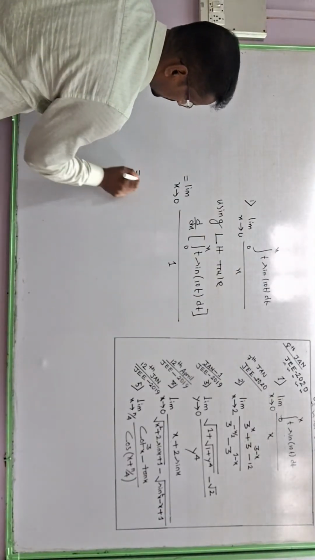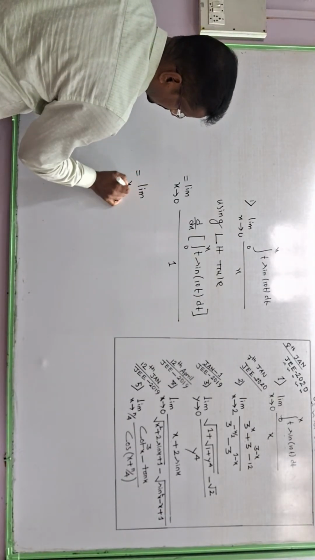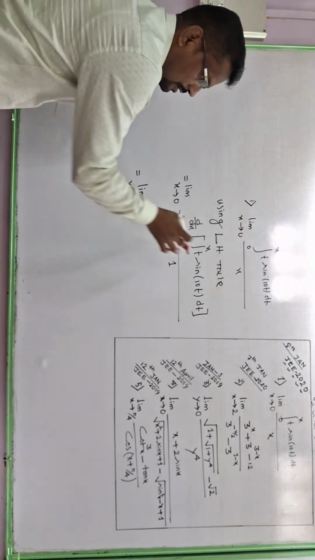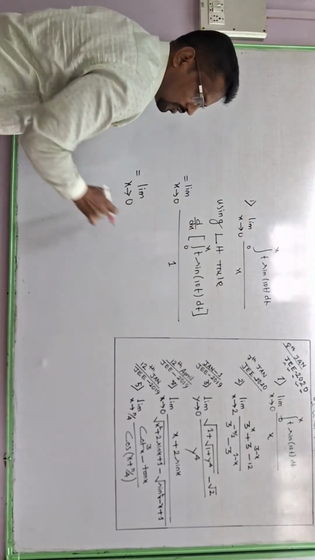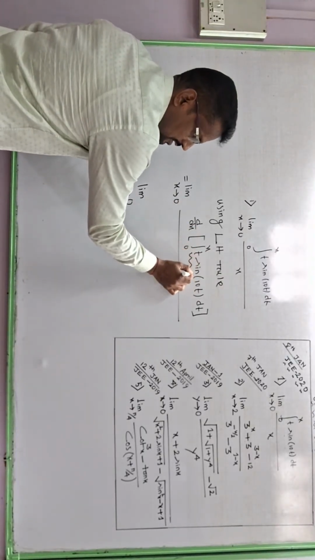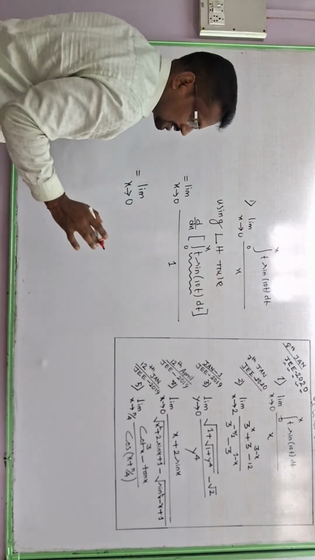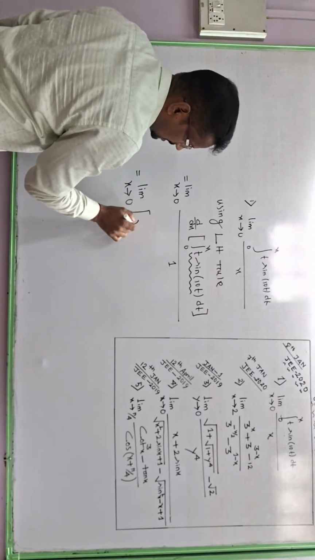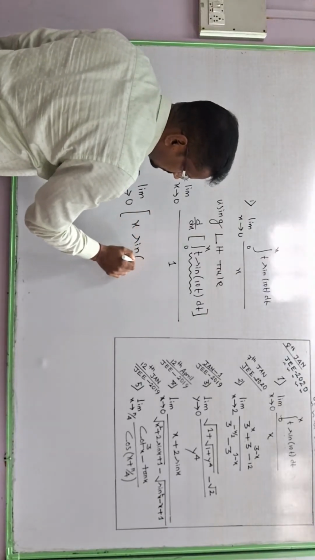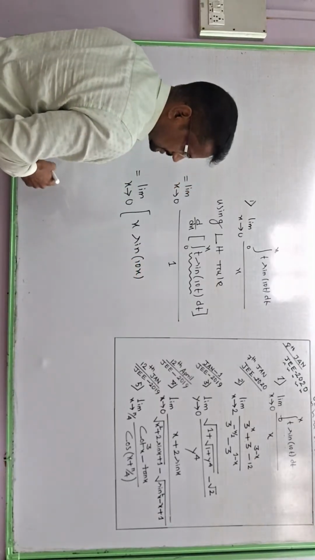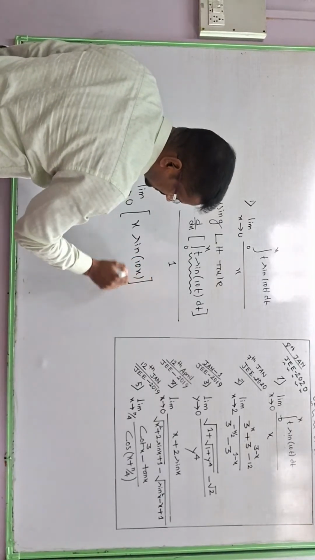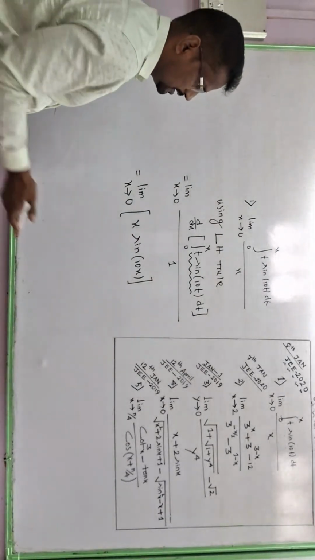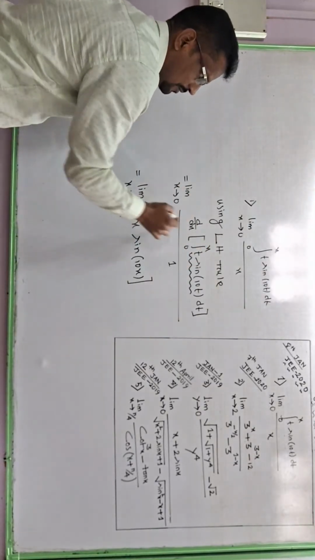So this equals limit x tends to 0. Now you see, derivative of this definite integral, what is the integrand? This is your integrand. So as we discussed, replace t by x, that will be x sin of tan x. So we have replaced it. After that, derivative of the upper limit, remember, upper limit is your x.